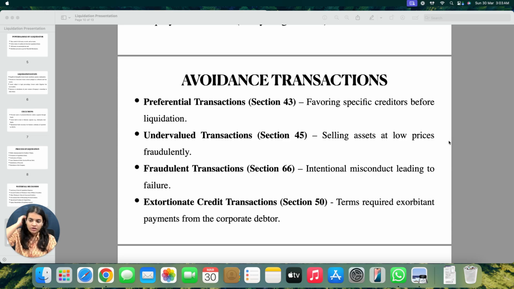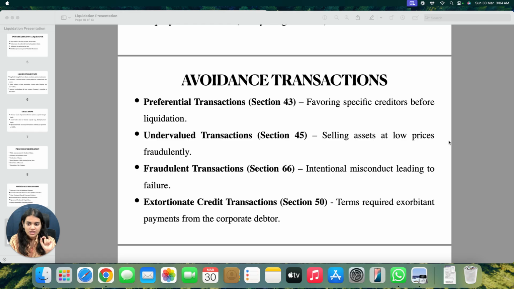So if the order of priority is not followed and a specific creditor is given a preference while repaying a debt or having a transaction with a creditor, which in turn results in a stakeholder being given precedence over the rest of the stakeholders, that is considered a preferential transaction.